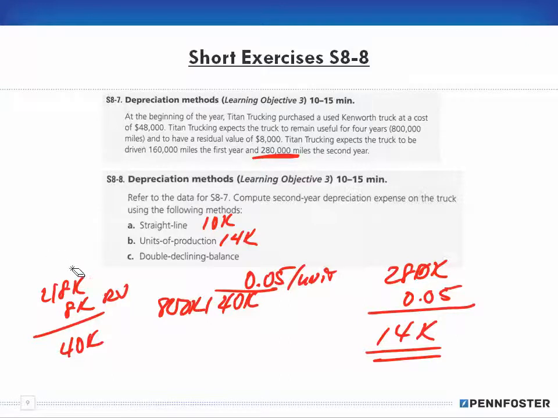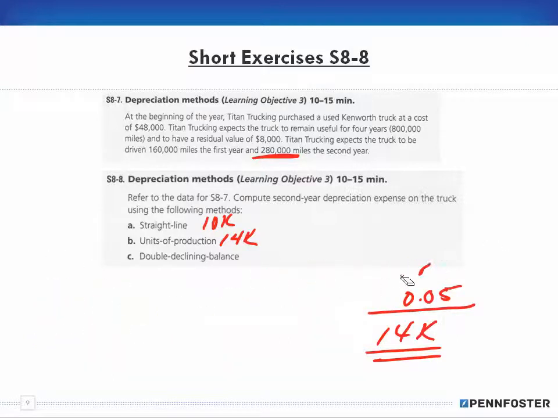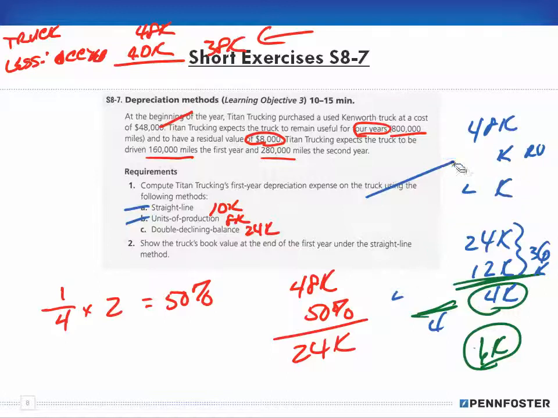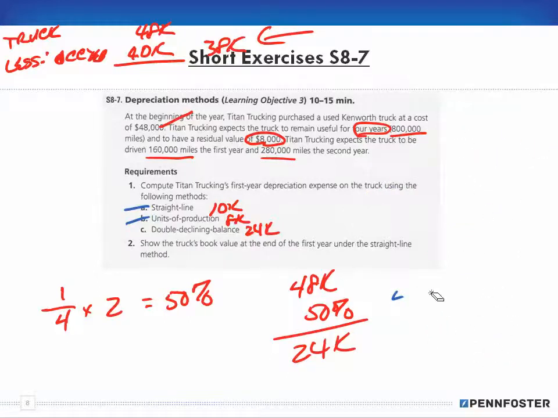And then of course for the double declining balance, remember, let me erase some of this to make this clear, because I went off on a little bit of a tangent.